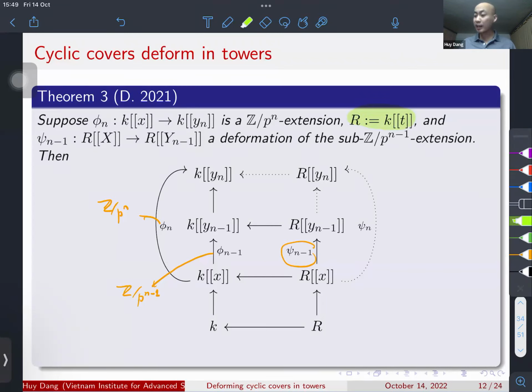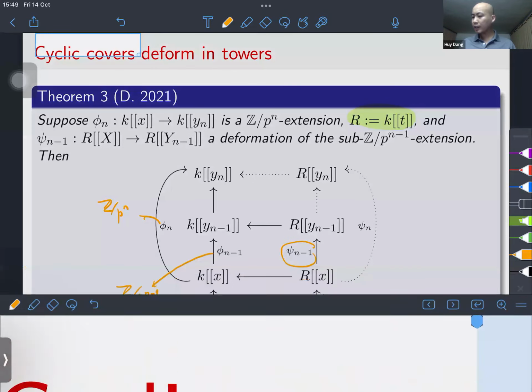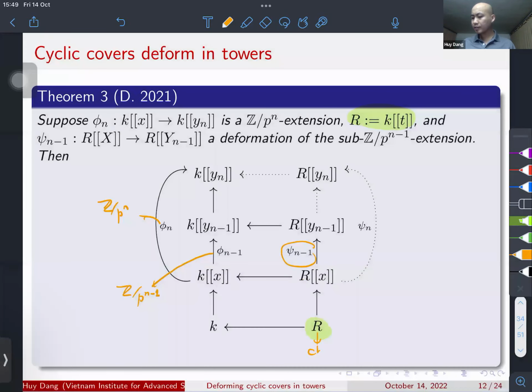So I say R is K double bracket T, but actually you can extend to any complete discrete valuation ring in characteristic P. So the main point is it's about deformation in characteristic P. Then the result says that we can always extend psi n minus 1 to a deformation of the whole tower, psi n.